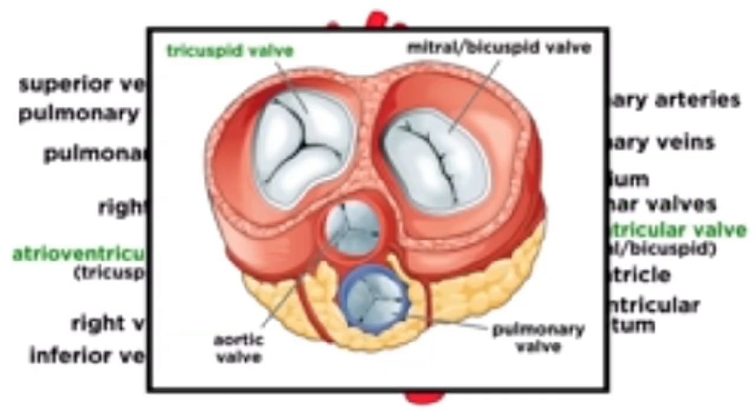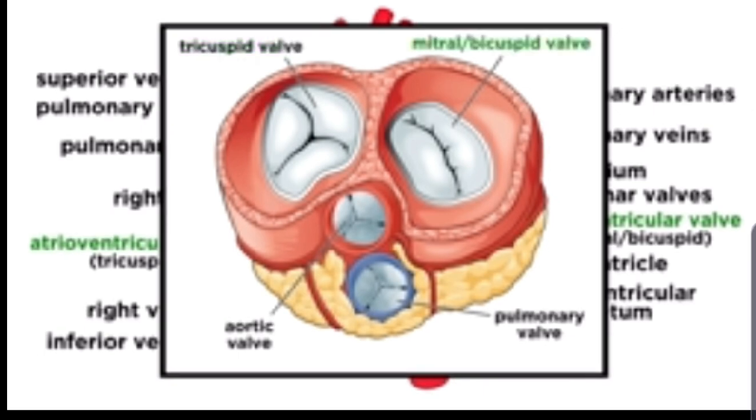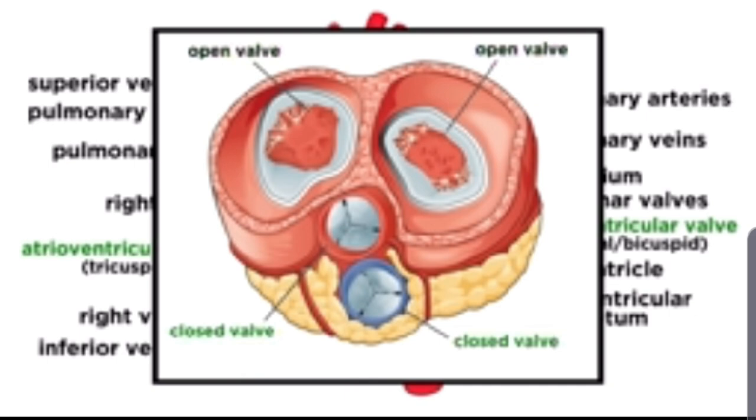The right one is called tricuspid, meaning it has 3 little lobes, whereas the left one is mitral or bicuspid, meaning 2 lobes. When a ventricle contracts, the valve will close due to the change in pressure.